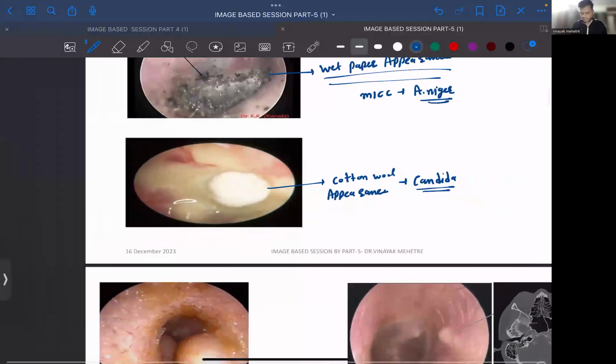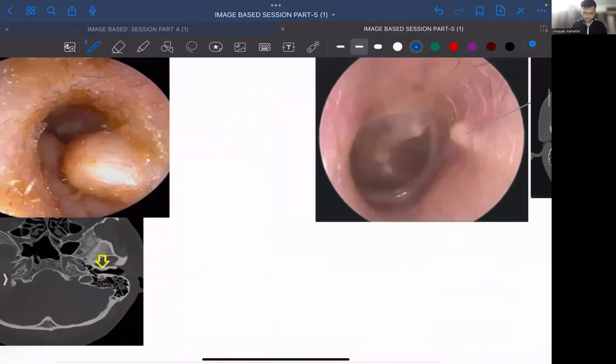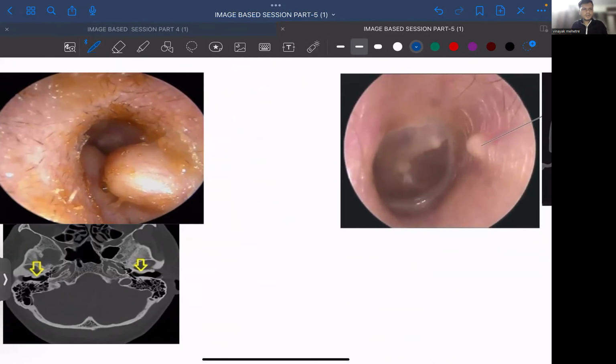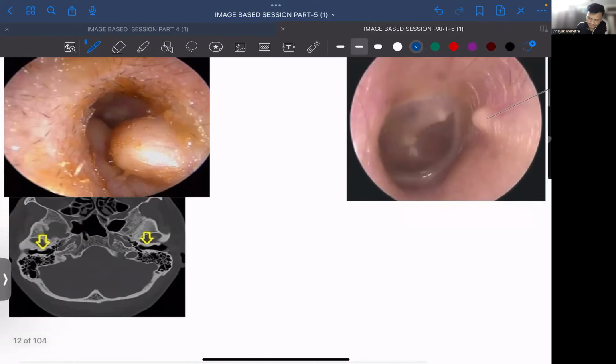What is the diagnosis? The hearing loss is bilateral. Surfing in the sea water causes what is actually called surfer's ear.